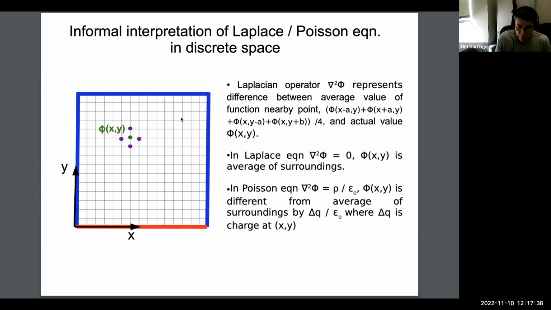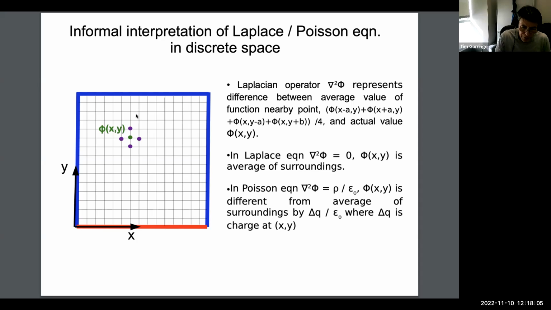So the Laplacian operator represents the difference, or computes the difference, between a function, say the electrostatic potential, at a point, and the average of that function at neighboring points.